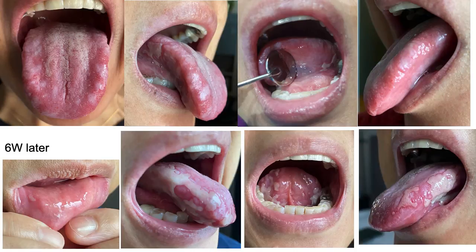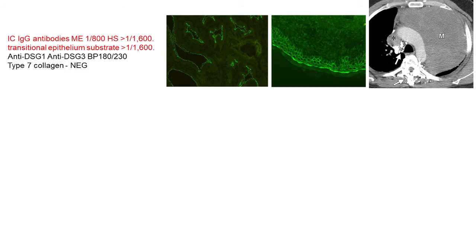I did a direct immunofluorescence and serum and sent it for analysis. Her PET scan showed that she had a thymoma, shown here, and her indirect immunofluorescence showed positive intercellular antibodies at high titer on monkey esophagus and human skin, and on rat bladder, which is shown here, again very high titer involvement, showing desmoplakins, but all of her other known antigens were negative.